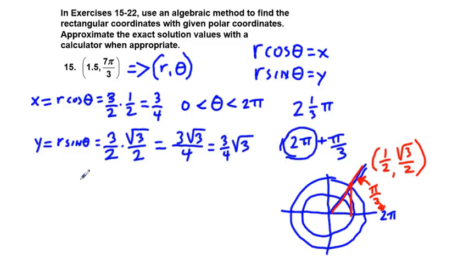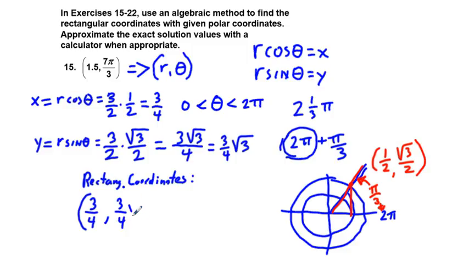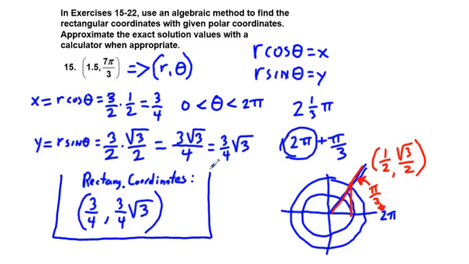So this would be our rectangular coordinates. Okay, the x value is 3 over 4, and the y value is 3/4 times square root of 3. And so this would be our correct answer for problem number 15.